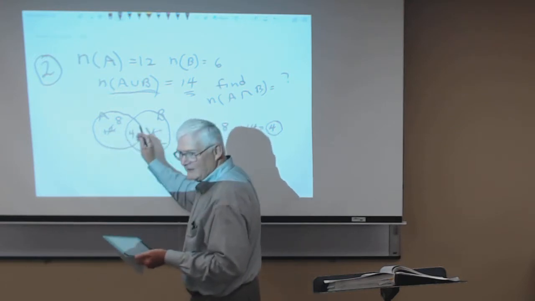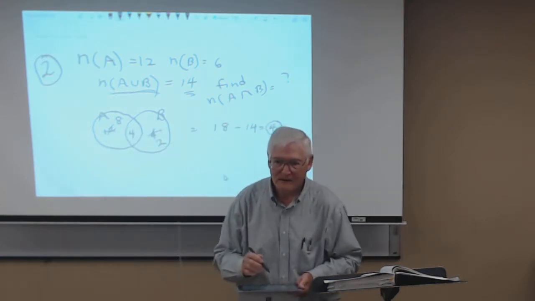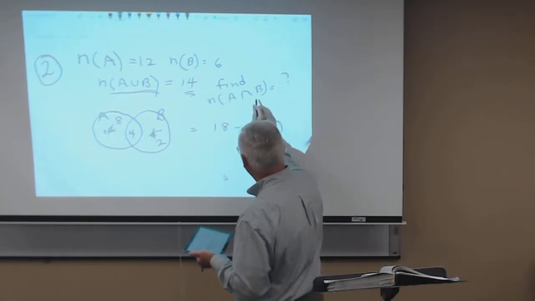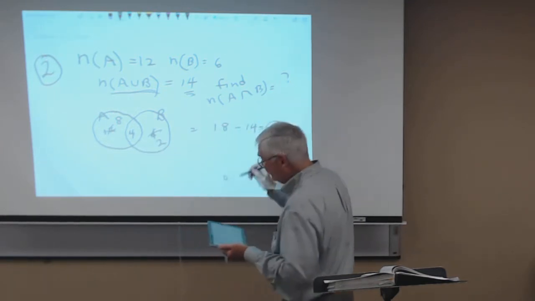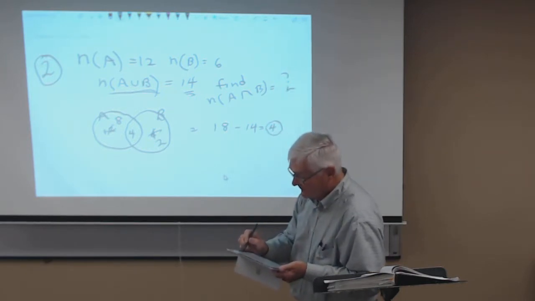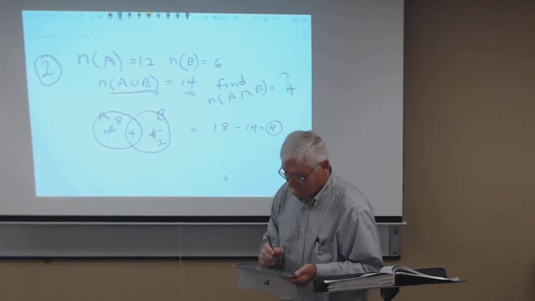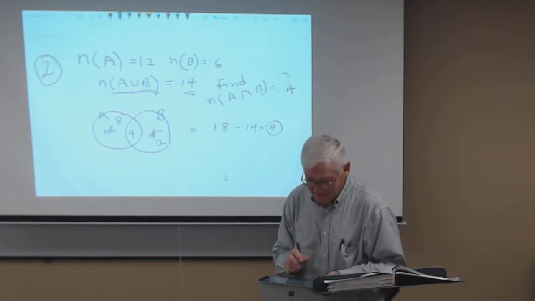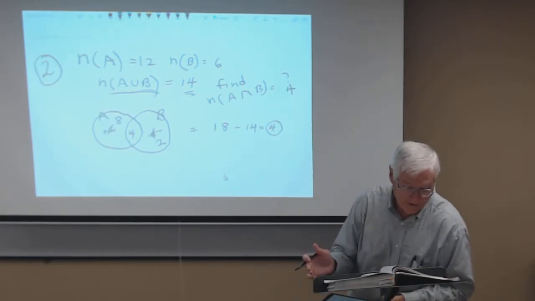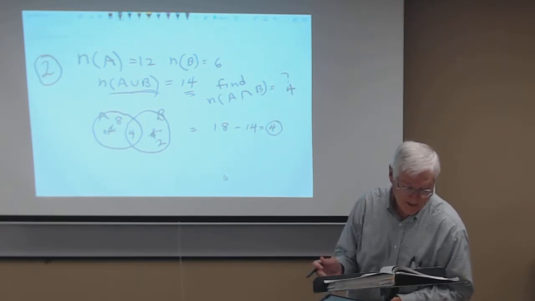The intersection of A and B, which is what we put up here. The intersection of A and B is 4, so that's the answer to our question. 4. So you see what happens? We're going to draw pictures for every one of these and figure out what's going on.